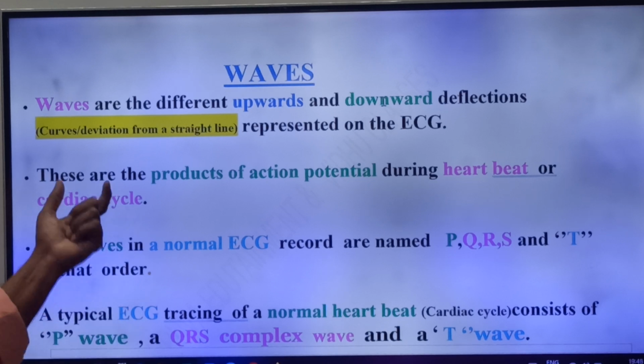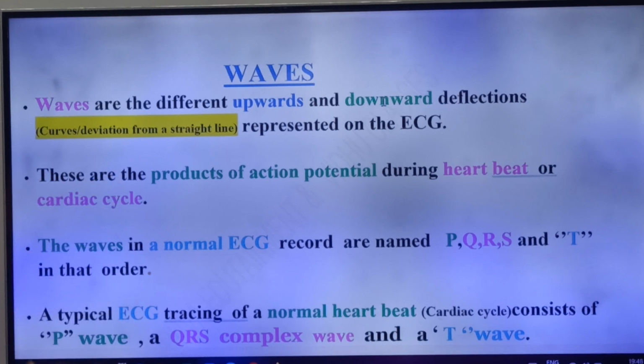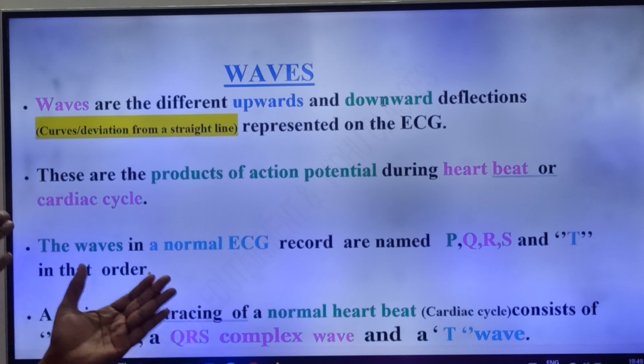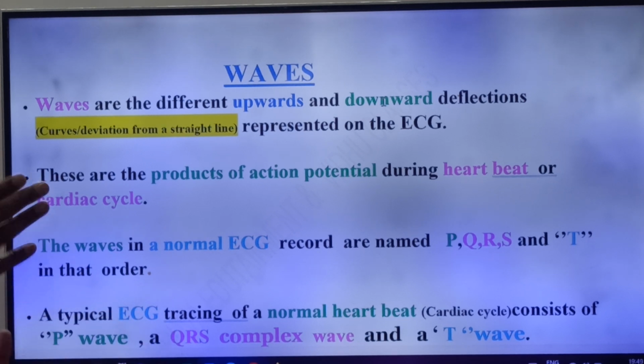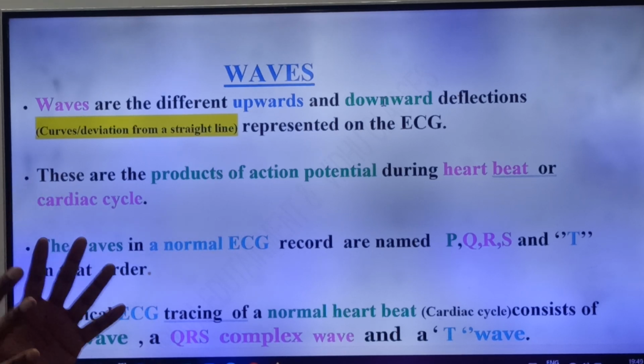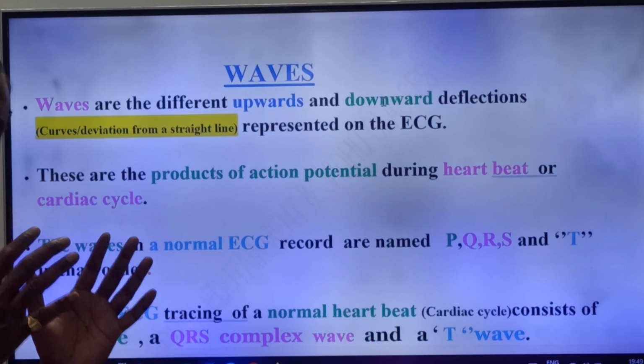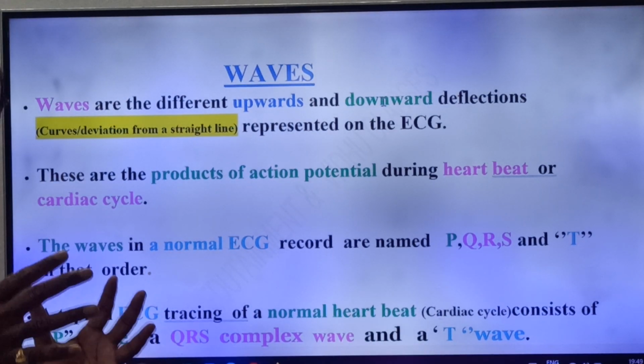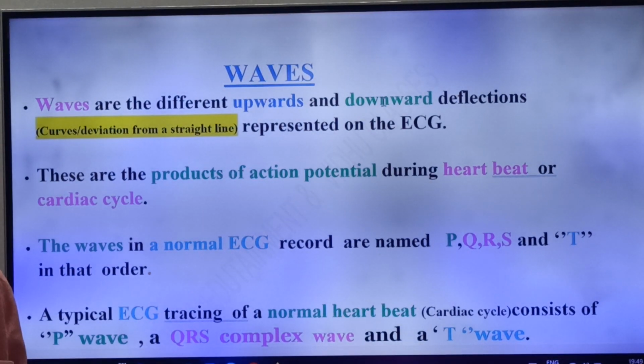See, friends, these waves are the products of action potential. These are the products of electrical changes during heartbeat or during the cardiac cycle. As I just told, these waves are formed on the electrocardiograph due to what, friends?